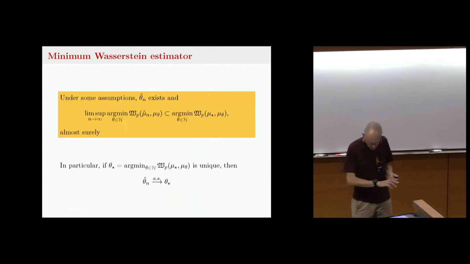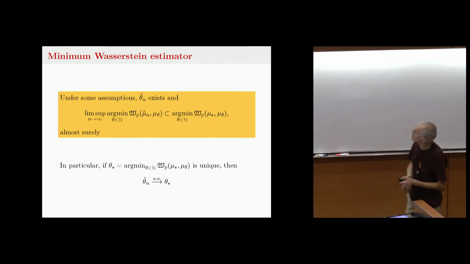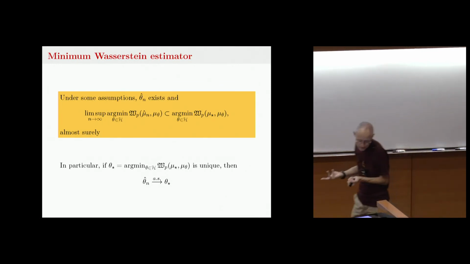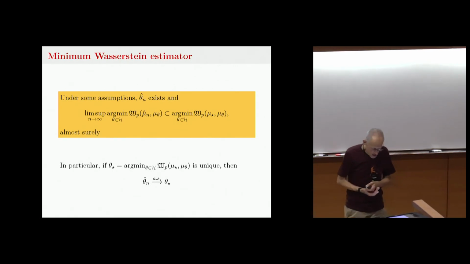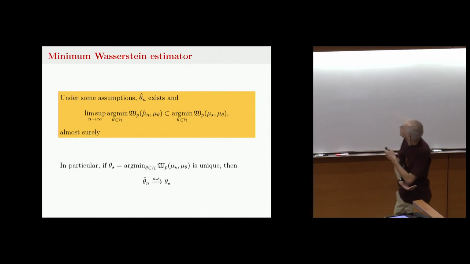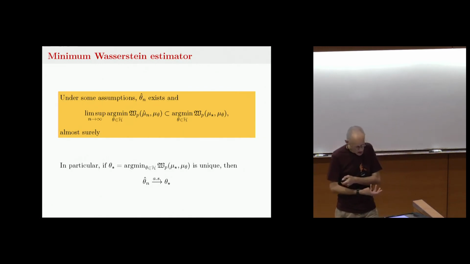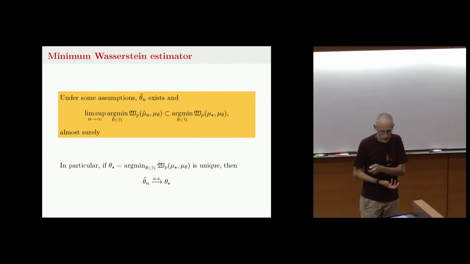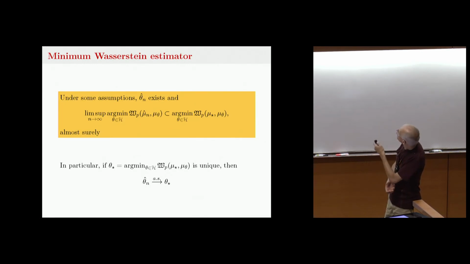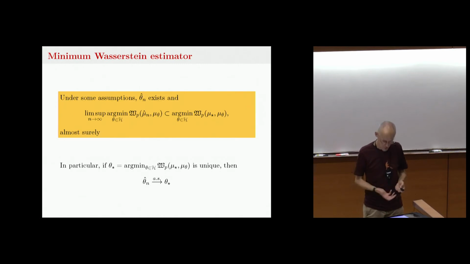Okay, a few words about asymptotics, which is what happens if you let the number of observations go to infinity. As I mentioned, there are already results in the literature that if there exists a parameter or pseudo-parameter that brings the model as close as possible to the generating distribution, this Wasserstein estimate, that is a minimum of this distance, will converge almost surely to this pseudo-true value.